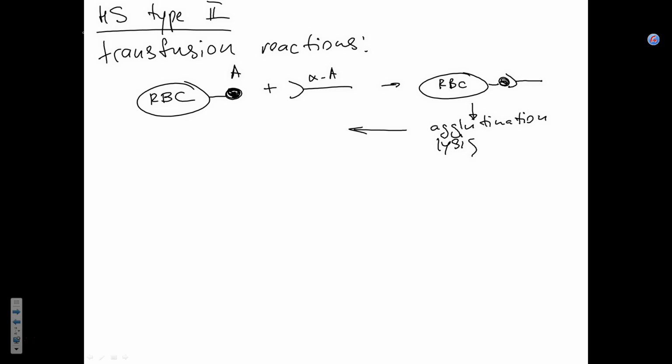If your red blood cells get all in clumps, it's going to be obstruction of flow, right? What else? With lysis, red blood cells get broken down. Hypoxia.